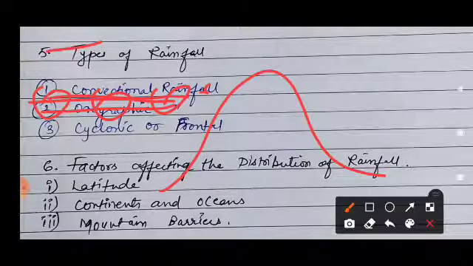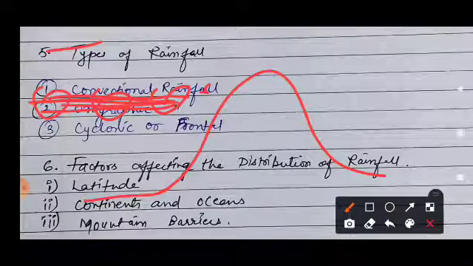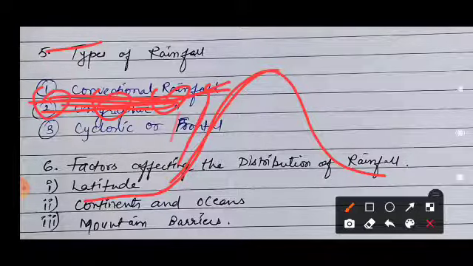In the last atmosphere chapter we already discussed the stratosphere, if you remember. So orographic means it depends on the mountain. These clouds come, and because of their height they stop here and deposit their rainfall here.